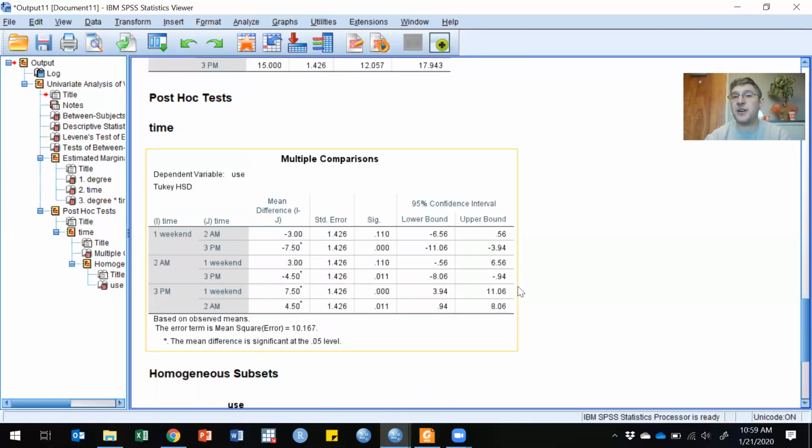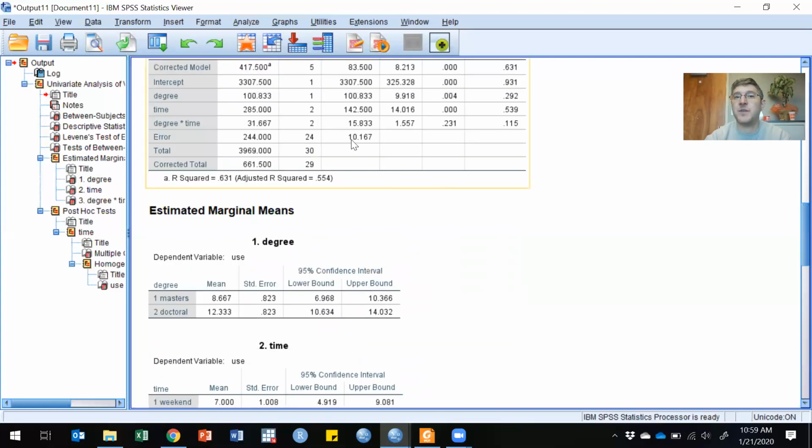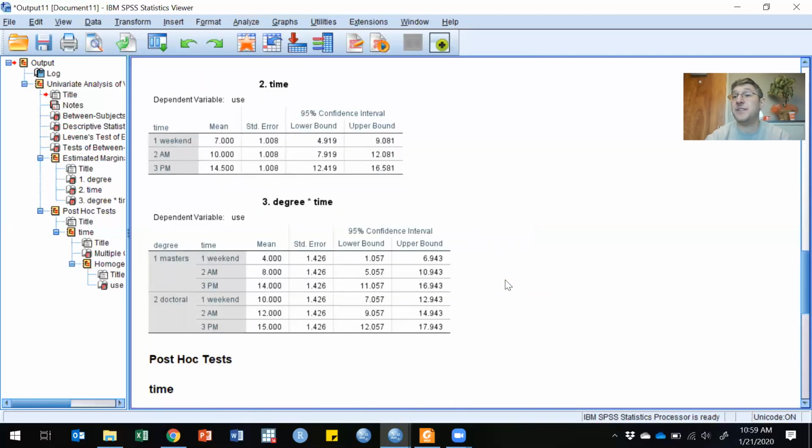We can also calculate Cohen's d standardized mean difference effect sizes for these pairwise comparisons. We would take the mean difference here, 7.5, divided by the square root of the mean square error term that we got from the table, 10.167, and we would get Cohen's d effect sizes for those differences.